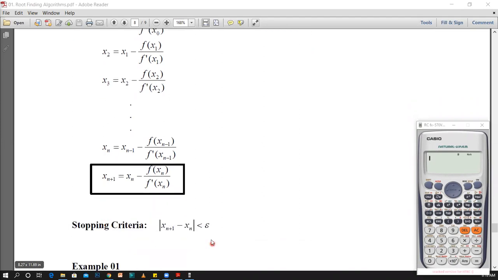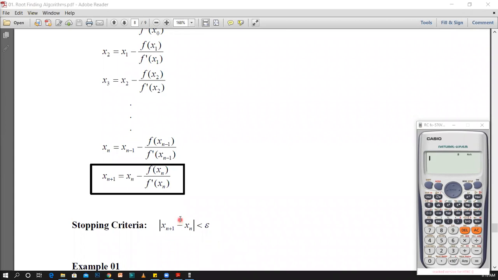The stopping criteria for the Newton-Raphson method is: if the absolute value of the difference of xn plus 1 and xn is less than the predefined error limit, then we can terminate the calculation. As soon as you get this value less than the predefined error limit, you can terminate the calculation.